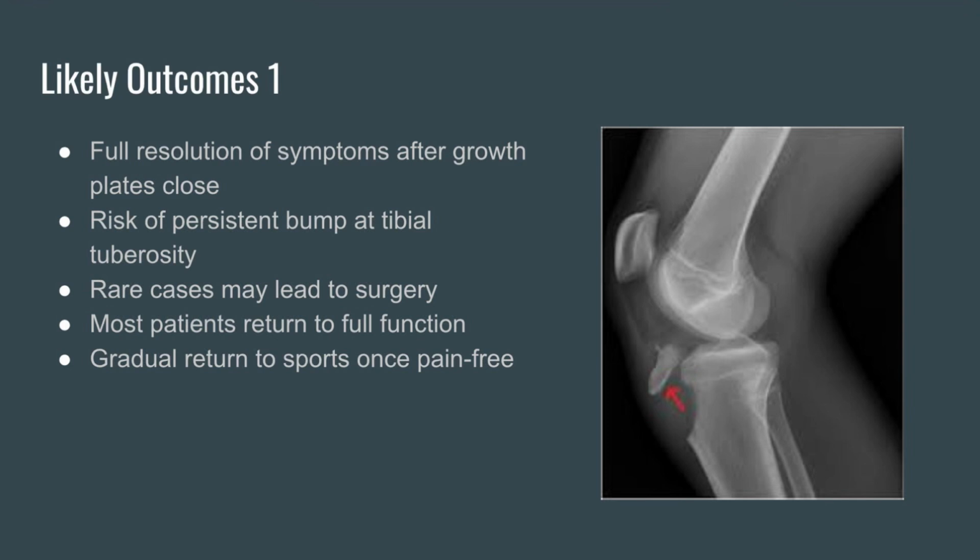And then, of course, like you see in this x-ray, there is a risk that you might need surgery if it is bad enough to where you have an actual fracture, like it pulls the tuberosity off the tibia itself. But most patients return to full function with not an extensive amount of therapy. And they all make gradual returns to sports once they're pain-free.